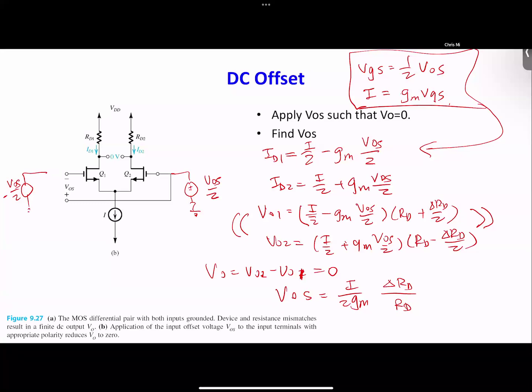This I is actually the current in each branch, right? This current actually is the total current. So this is the current here. Each of them has half of the average current. And do you know what this number is? I think if you guys remember how to calculate GM.